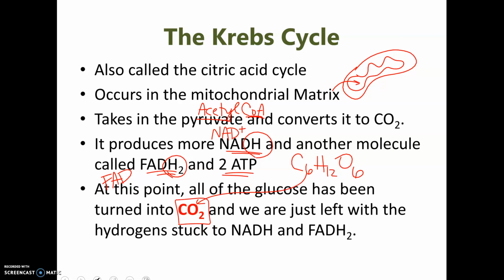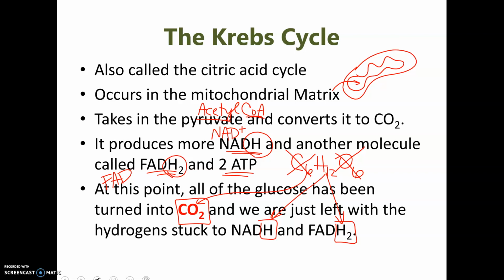All we're left with now are the hydrogens. All of the hydrogens from glucose are still going to be continuing through to our next step. But the glucose itself has all been turned into carbon dioxide, and that carbon dioxide is a waste product that we exhale. So the carbon and the oxygen from glucose are gone. They are now CO2, we exhale them, and the only thing left is the hydrogen.